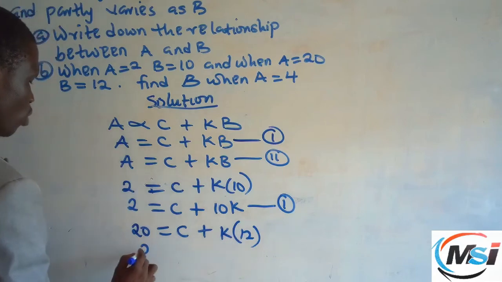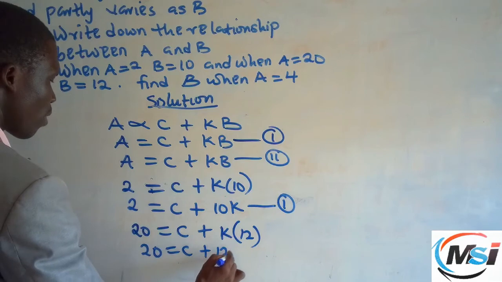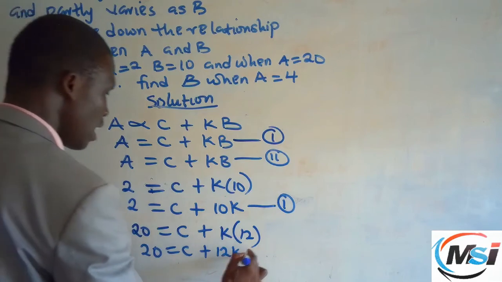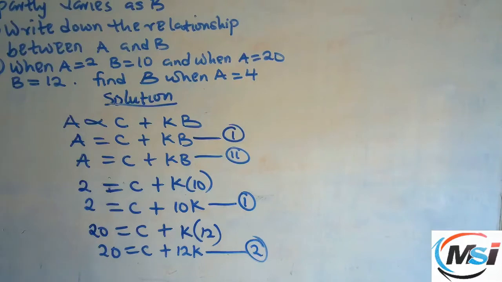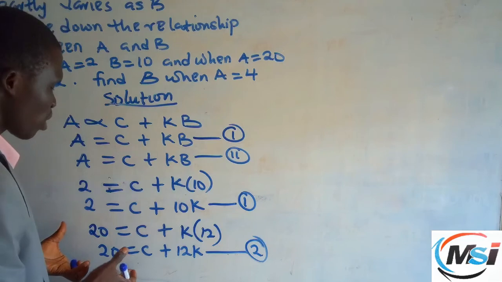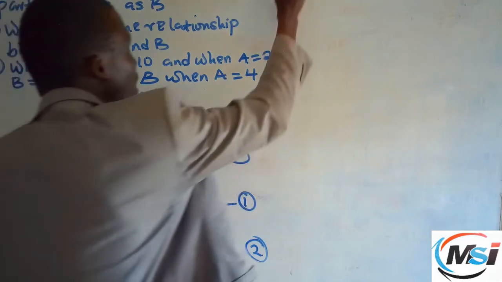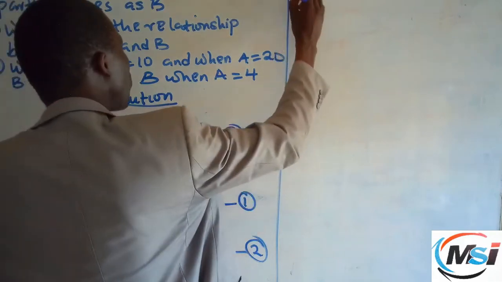So this will give us 20 equals C plus 12K. This will give us equation 2. Okay, class? We are going to bring the two equations together. So what are we going to do? Equation 1, we have 20.